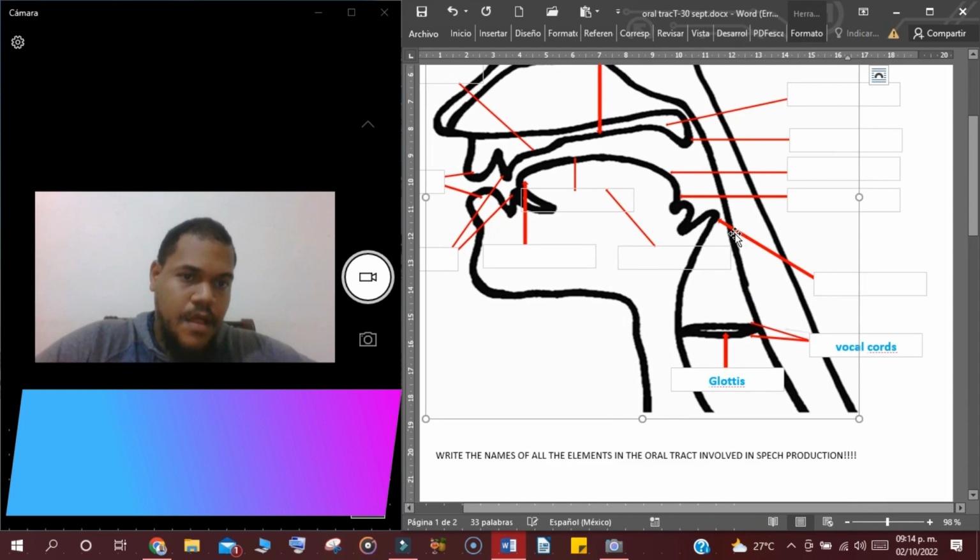Right here we have something that is called the epiglottis. This is the epiglottis, this right here. The function of the epiglottis is to keep out food and drink while we sound something.